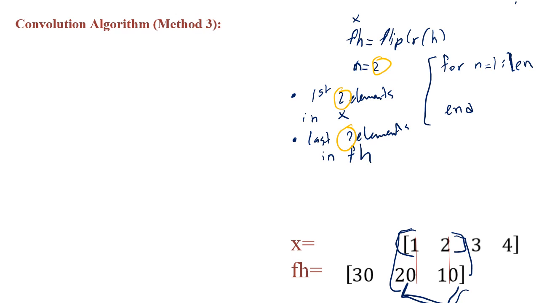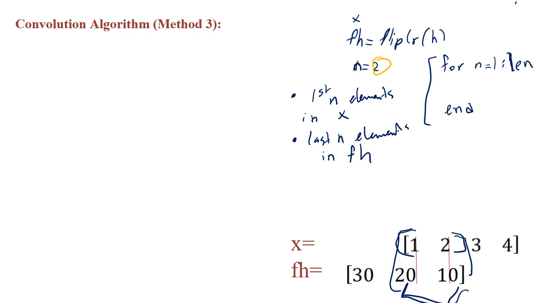So we can generalize this and say that what we're doing is multiplying element by element the first n elements in X with the last n elements in FH. And we've already learned how to extract the first n elements in any vector.